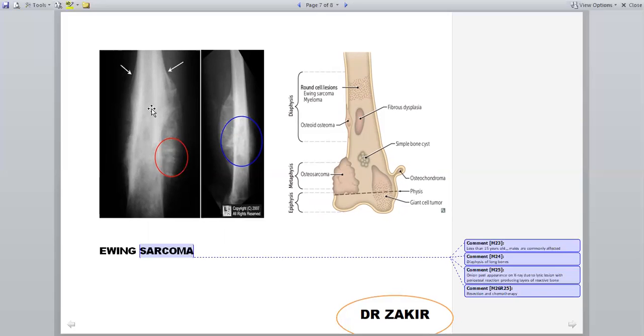The picture is like an onion peel appearance. So once you see any scenario in children with pain, fever, and an X-ray showing onion peel appearance, only think about Ewing sarcoma. The treatment of Ewing sarcoma is resection and chemotherapy.